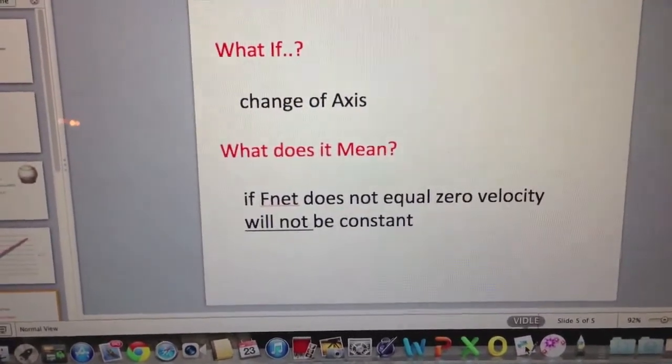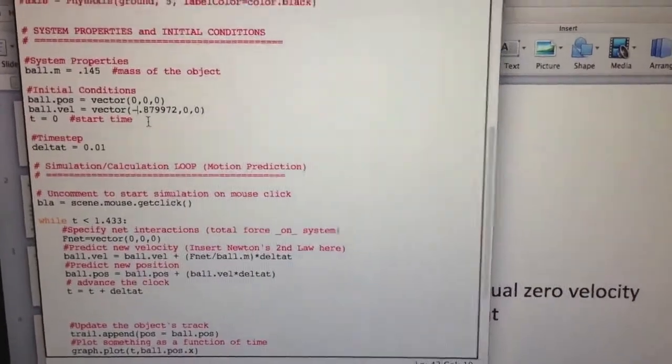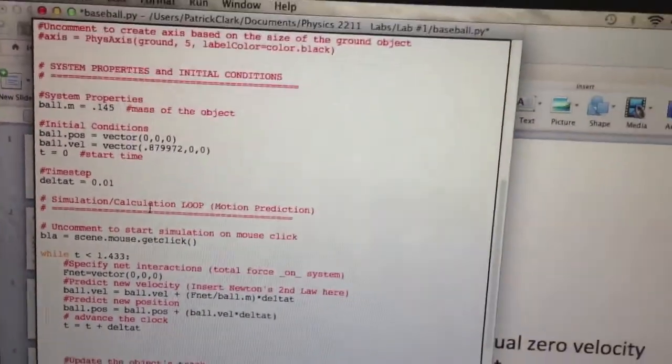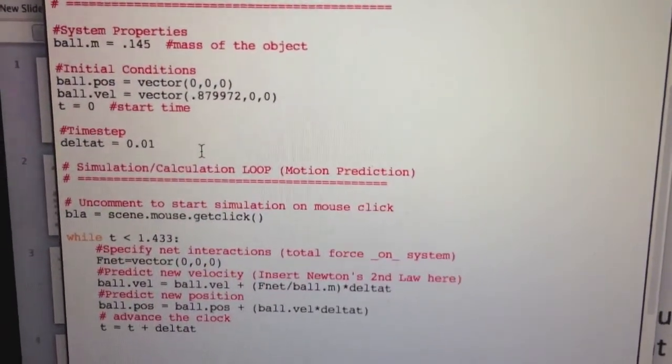And to show this in Python, if we change this back to our original, we would change the net forces acting on the ball.